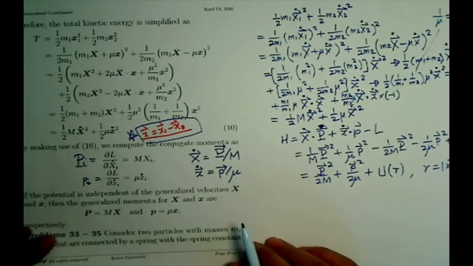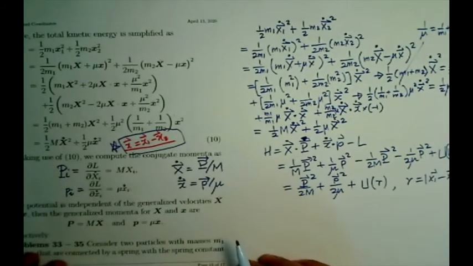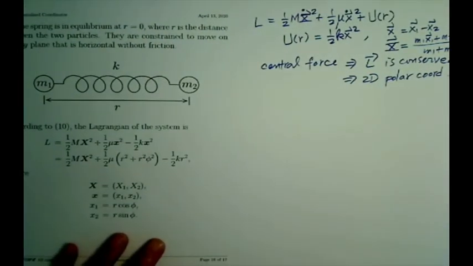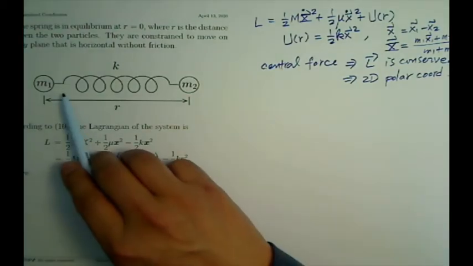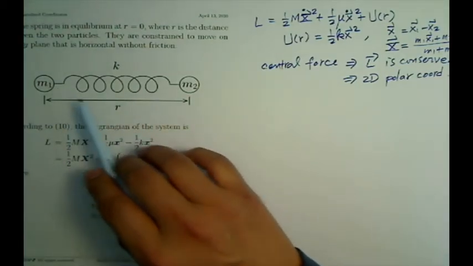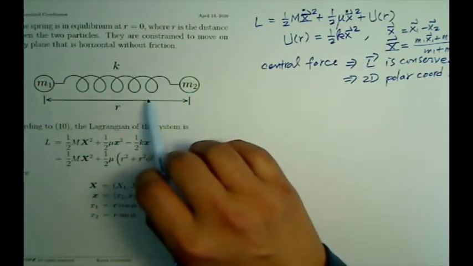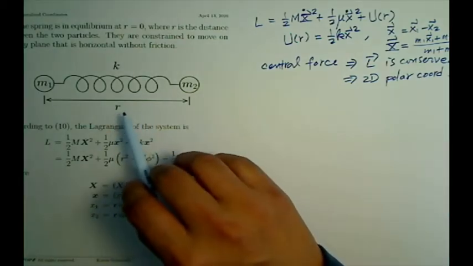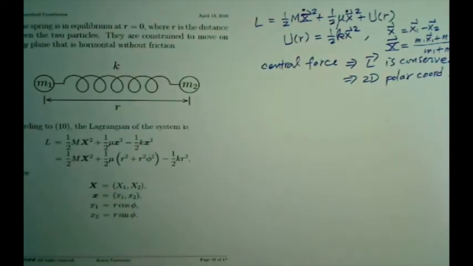Okay, we can make use of this approach to consider the problem of two masses connected by a spring. This is again a central force problem in which the angular momentum is conserved, and as long as the angular momentum is conserved, we can describe this system in a plane.